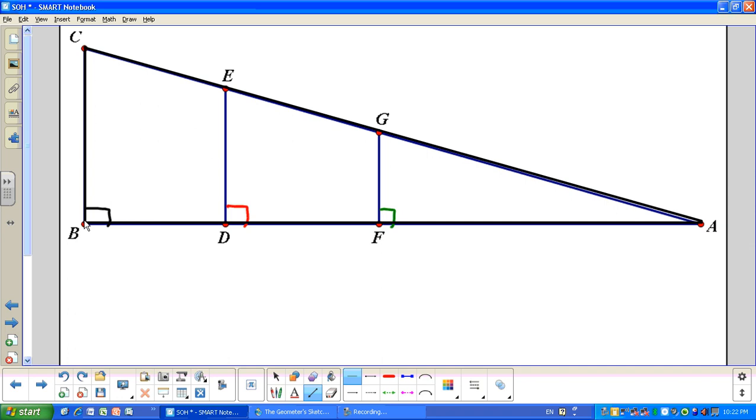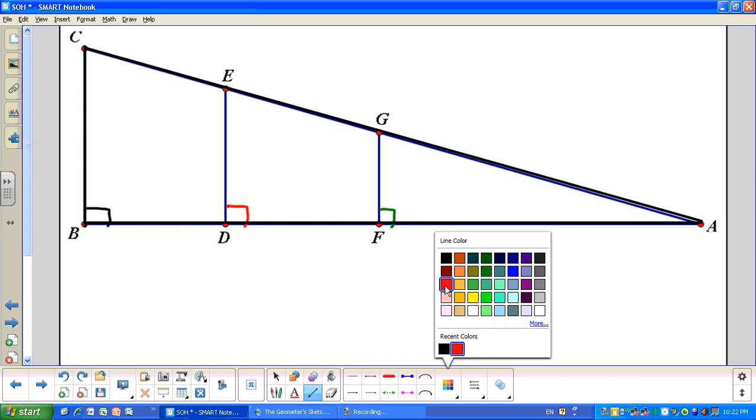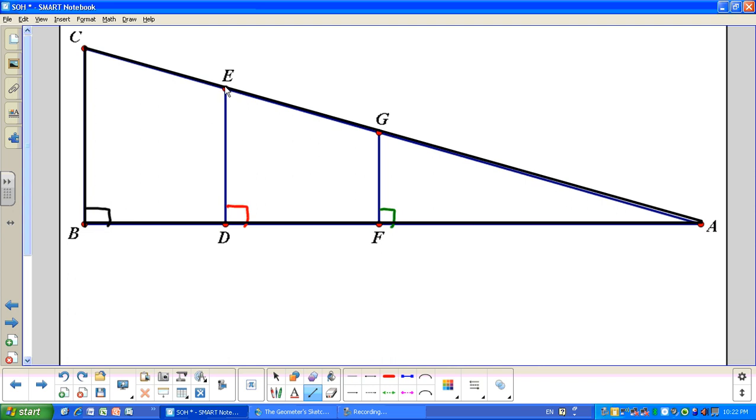We all see it with angle B 90 degrees. The second one, the red one, is triangle E, D. From D I go to A, and from A I go back to E.